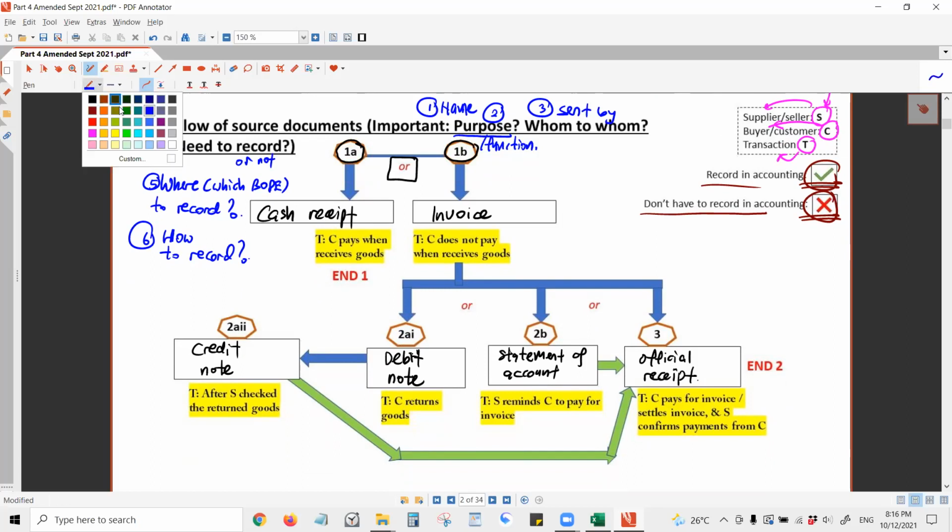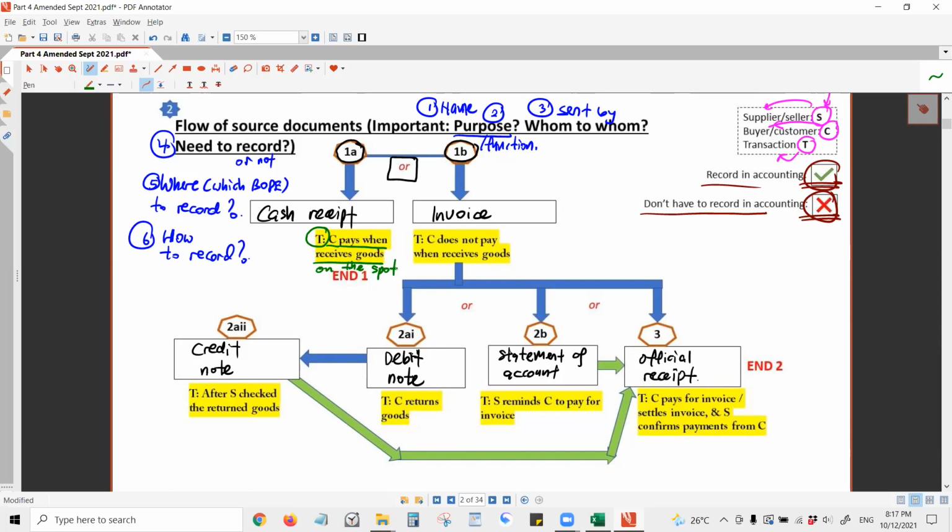Look at the T that is below it. Below the cash receipt, you have a T that tells you what the transaction is. C, what is C? C is customer. So C pays when receive goods on the spot. Okay, on the spot means immediately. You can also write immediately if you want to.